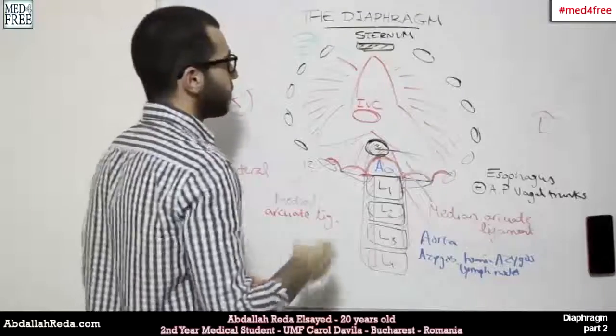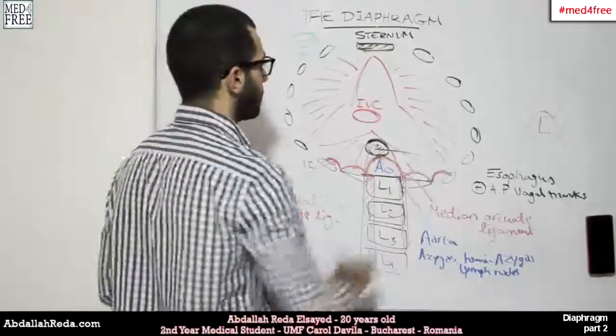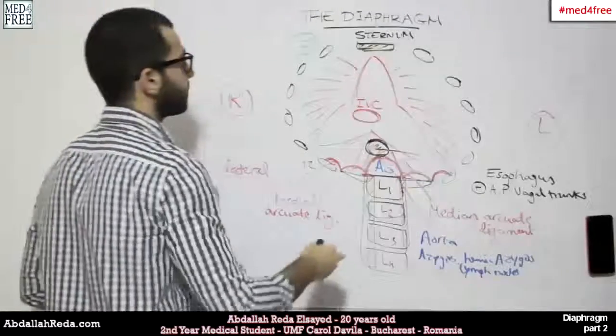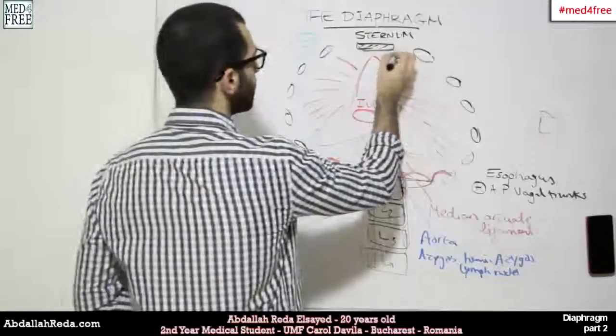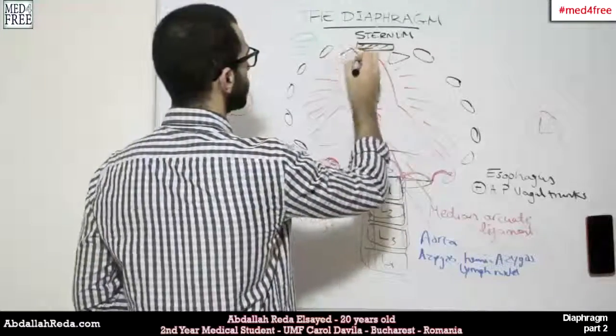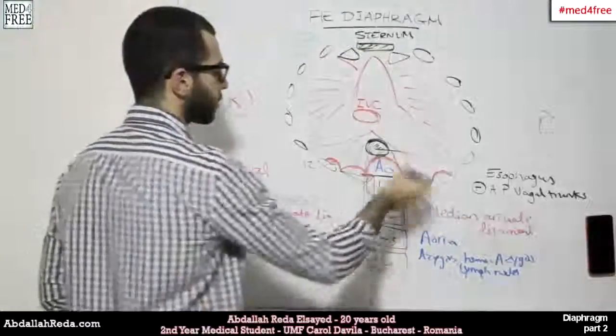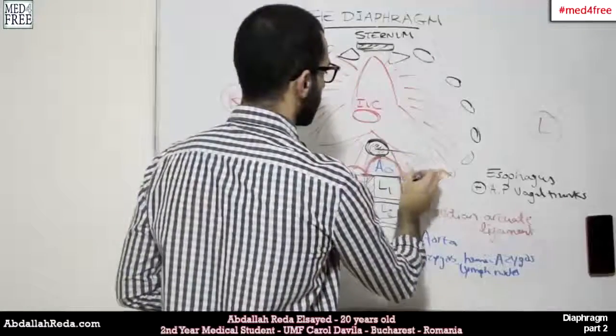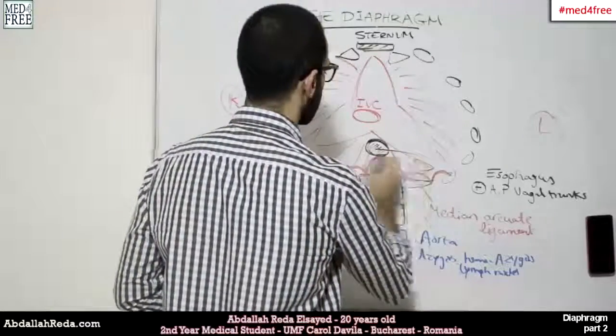Then we have some weak points in the muscular attachment of the diaphragm. We have triangular structures, triangular weak points.